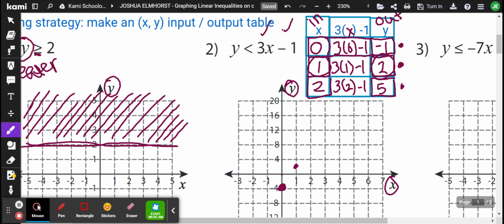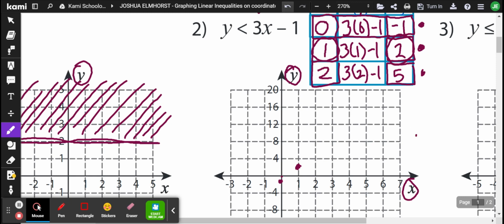Looks like I'm going to have to make a correction here. So the correction is for the first point. So where x is 0 and y is negative 1. I notice this is negative 4, so it's not going to go all the way down.